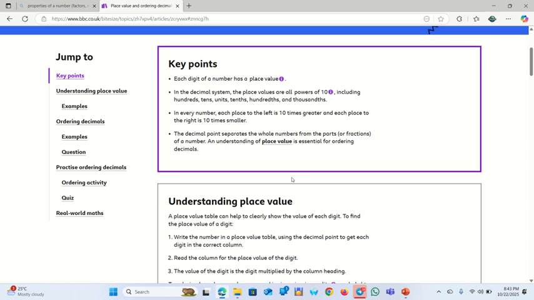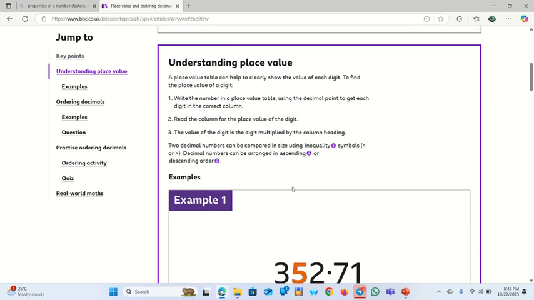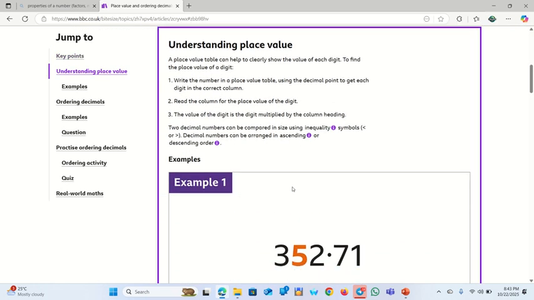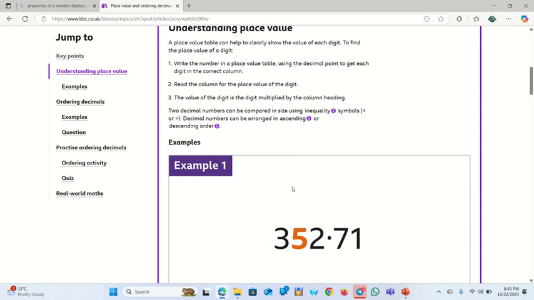Understanding place values. A place value chart can help to clearly show the value of each digit. To find the place value of a digit, write the number in a place value chart using the decimal point to get each digit in the correct column. Read the column heading for the place value of the digit.